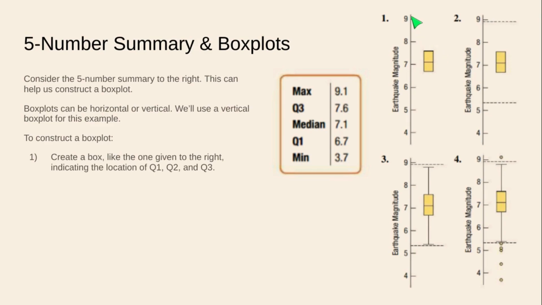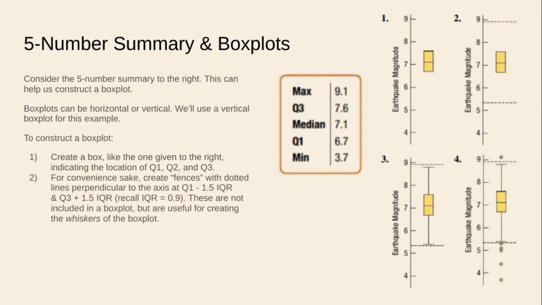For every box plot you make, you want to make sure that there is a number line. This time we have a vertically inclined number line, just for reference. For convenience's sake, this is a little detail that you keep for a little while and then get rid of at the end. We're going to create fences with dotted lines perpendicular to the axis, that is your number line, at Q1 minus 1.5 interquartile ranges and Q3 plus 1.5 interquartile ranges.